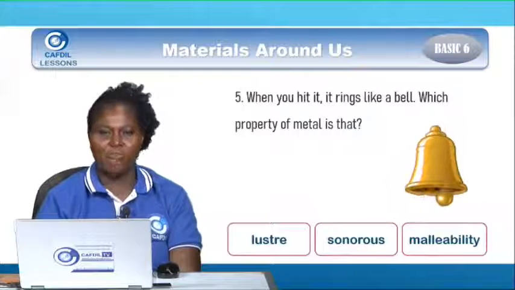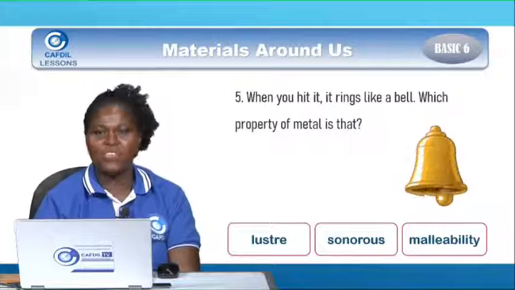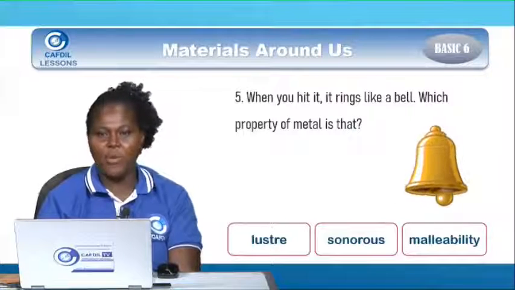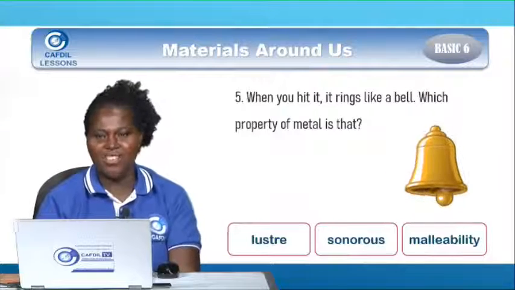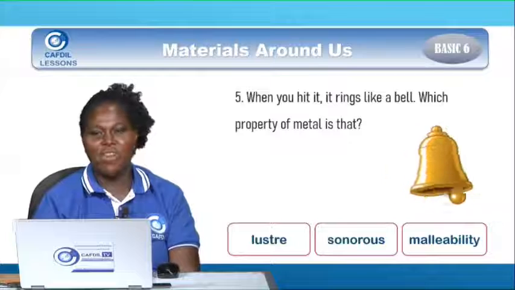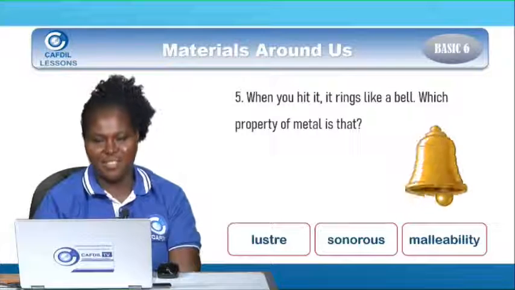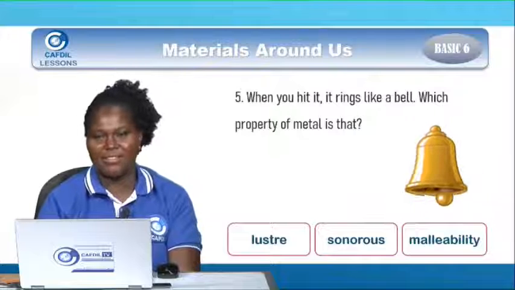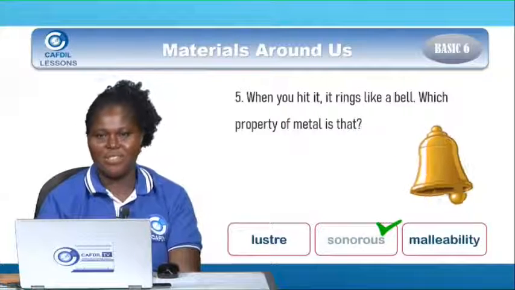Which property of metal is that? Lustre, sonorous, malleability. Which of the answers is correct? Sonorous. Good.